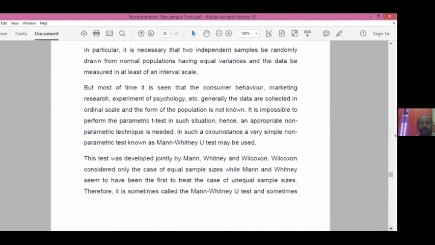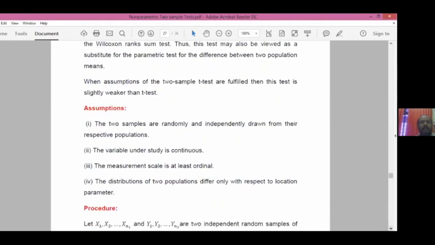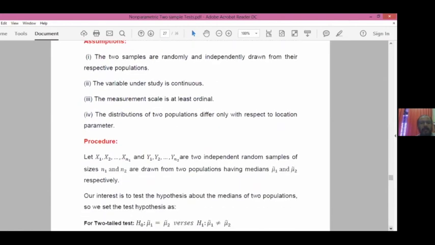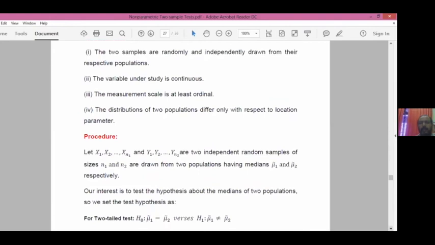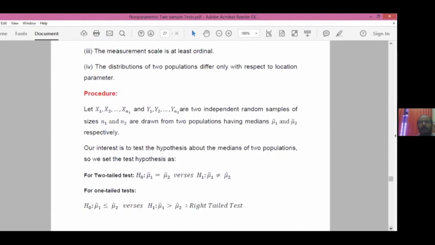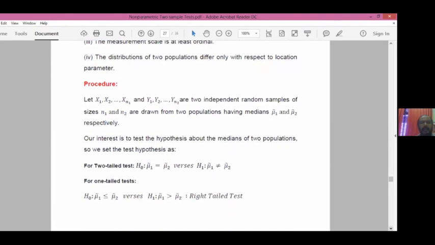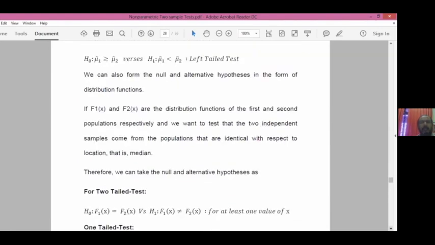Here are some details about the test. This is the assumption about the test. In the procedure, we take X and Y as 2 independent random samples from 2 different populations with corresponding medians, and the test is set as left tail, right tail, or 2 tail.